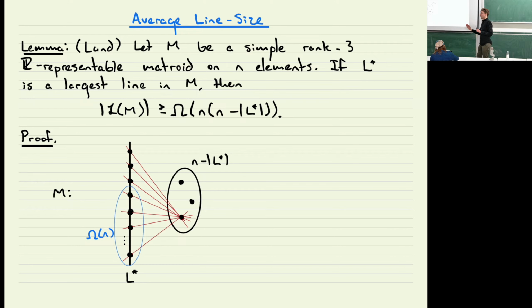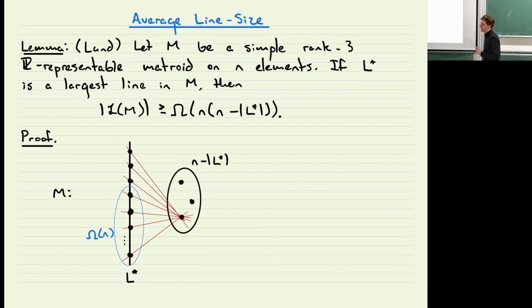I see. Sorry, did that answer your question? So the number of lines that don't hit any other points in n minus L star is still linear. Yeah. I maybe could have drawn the picture a bit better, but hopefully that makes sense.